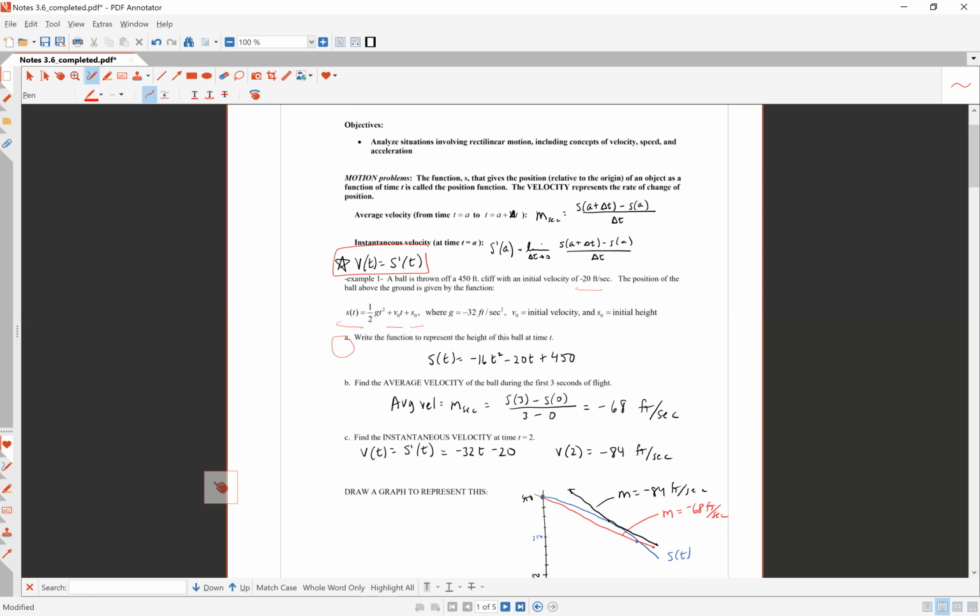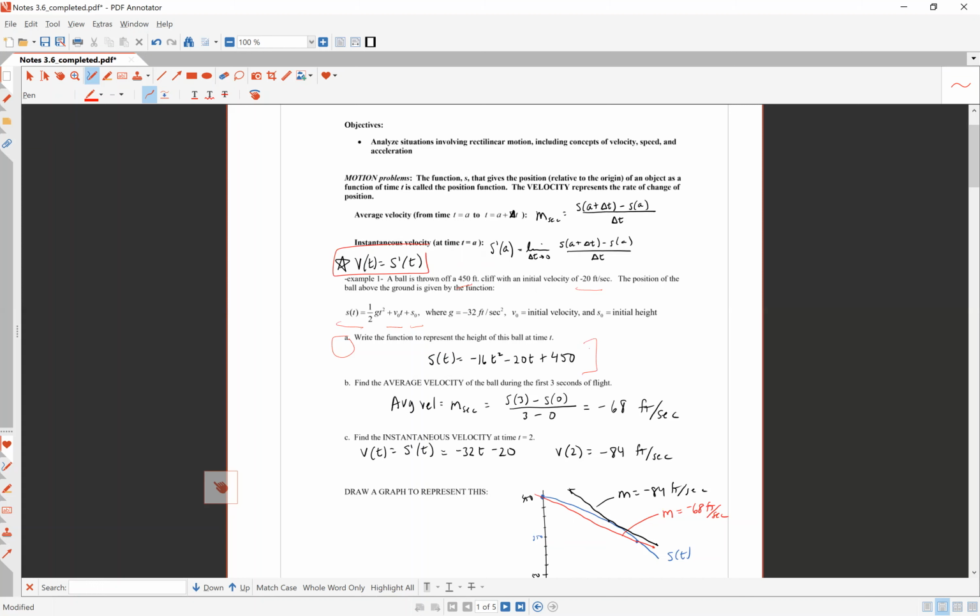The acceleration is minus 32 feet per second squared. We plug those into this formula: g is minus 32, v naught is negative 20, and the initial height is 450 feet above land. So we get this distance function right here.